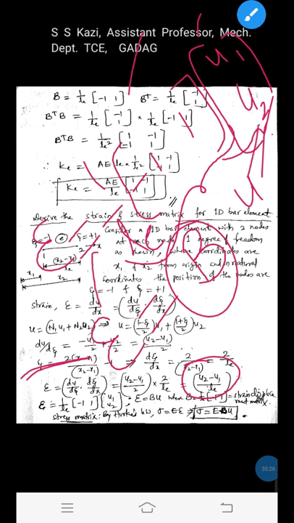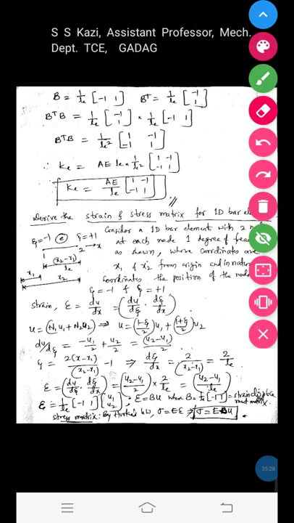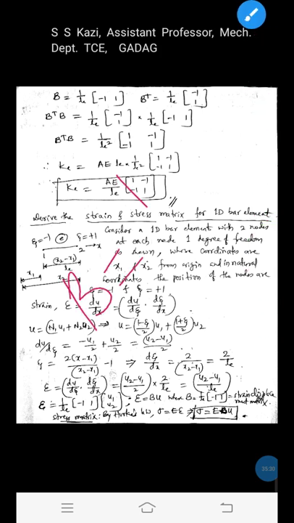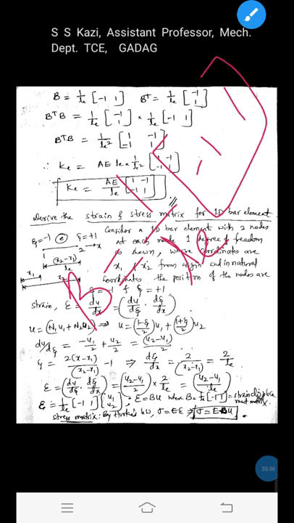Hence it is called the strain displacement matrix. For a 1D bar element it is given by 1 by Le into [minus 1, 1]. You may be asked to derive the strain displacement matrix, or simply the B matrix, for a 1D bar element.